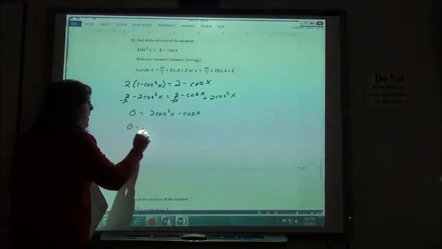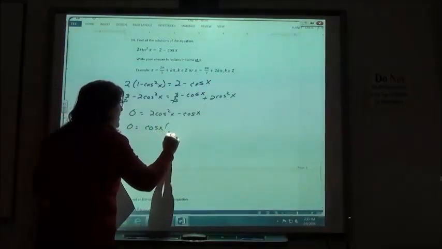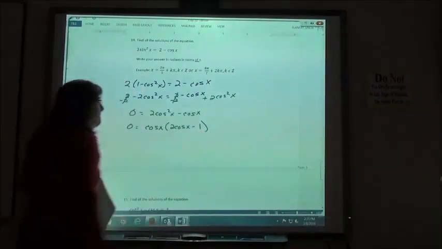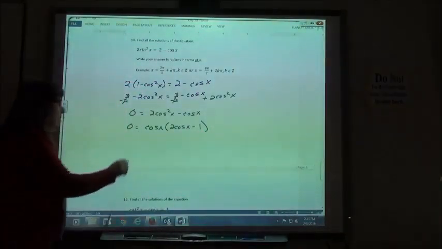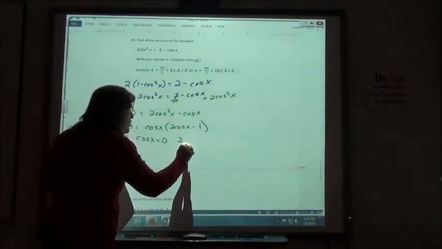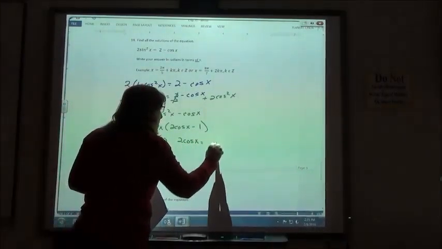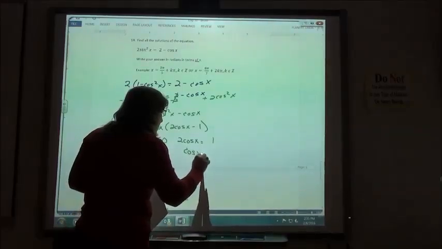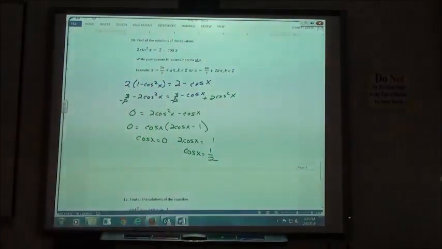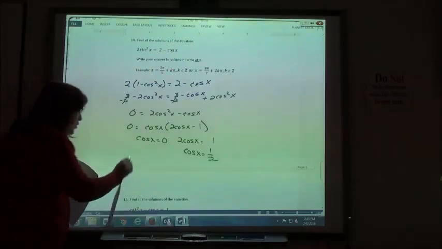Factoring that, I can take out one of my cosines, which leaves me 2 cosine of x minus 1. So either the cosine of x equals 0, or 2 cosine of x equals a positive 1, cosine of x equals positive 1/2 then. So looking up in my table for the cosine equals 0, I am at pi over 2.